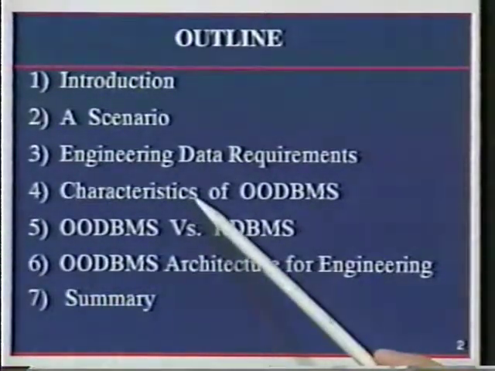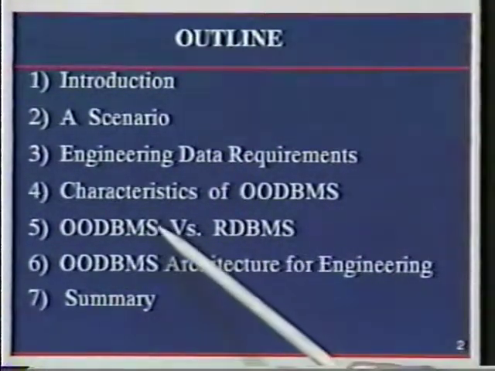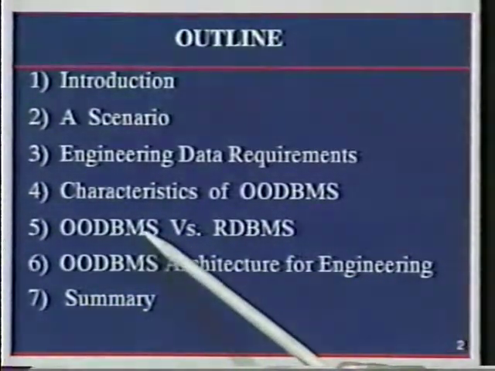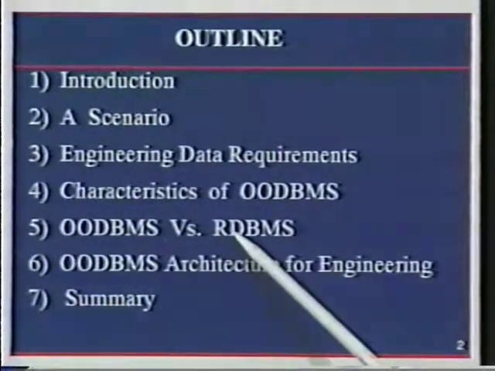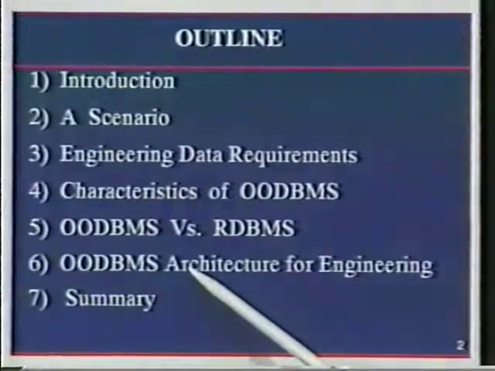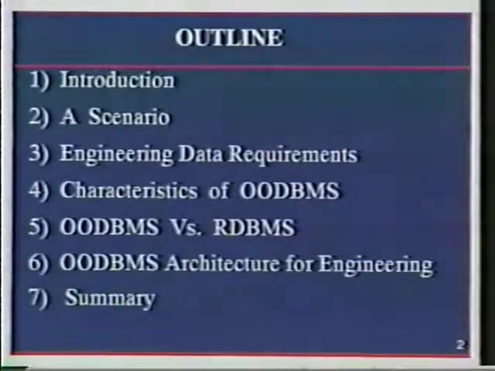What are the characteristics of object-oriented database systems that are useful for engineering data requirements? Then we will compare and discuss the advantages of object-oriented database systems over relational database systems for engineering applications. I will give you an architecture of object-oriented database systems for engineering, and then finally we'll summarize.